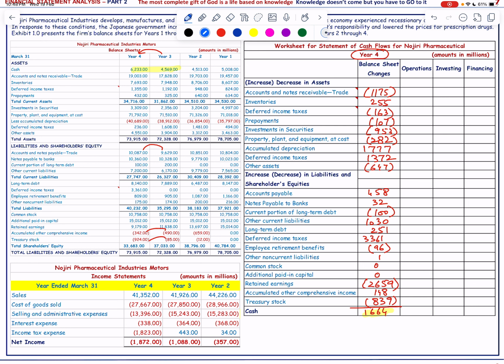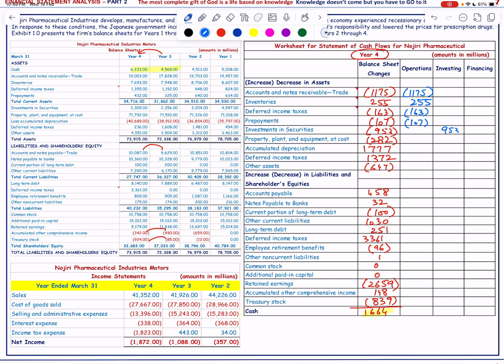So we have accounts and notes payable as negative 1175. There is an increase. 255 is a decrease. 163 is an increase. 107 is also an increase. All these are operating activities. Investments, there is an increase by 953.